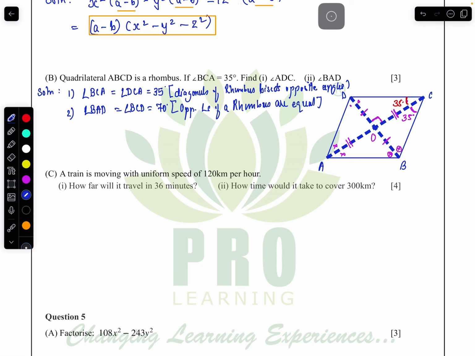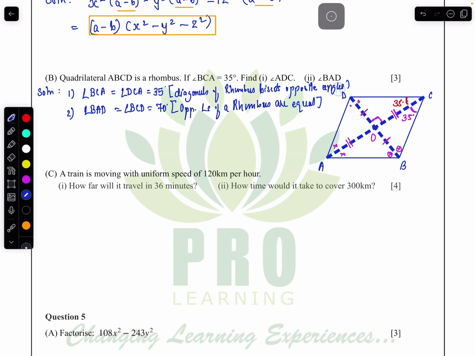Now we are looking at ADC. When we say ADC, we are talking about this angle. Now we know that AD and BC are parallel. If this is 70 degrees here, this would become 110 because co-interior angles are supplementary.